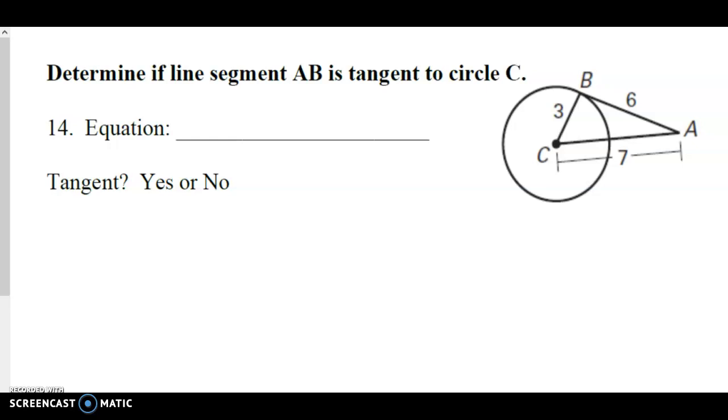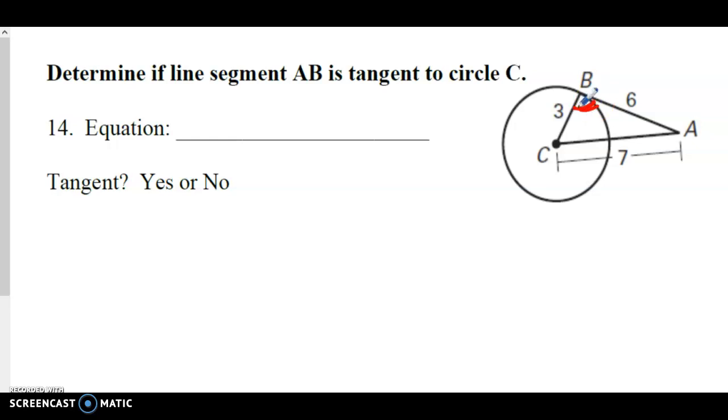For this example, we want to determine if line segment AB is tangent to circle C or not. As in conjecture 1, if they are tangent, that means it will be perpendicular to the radius. So we basically want to find out if this angle B is 90 or not.